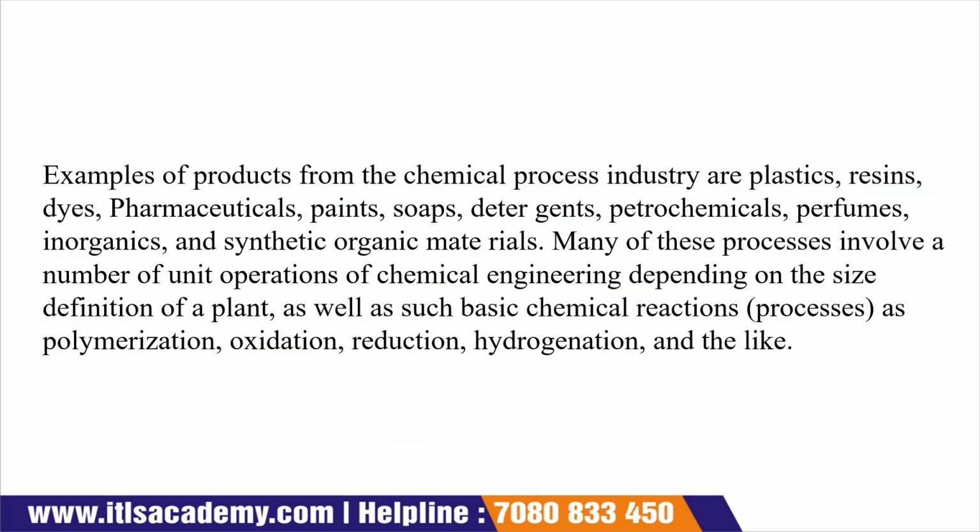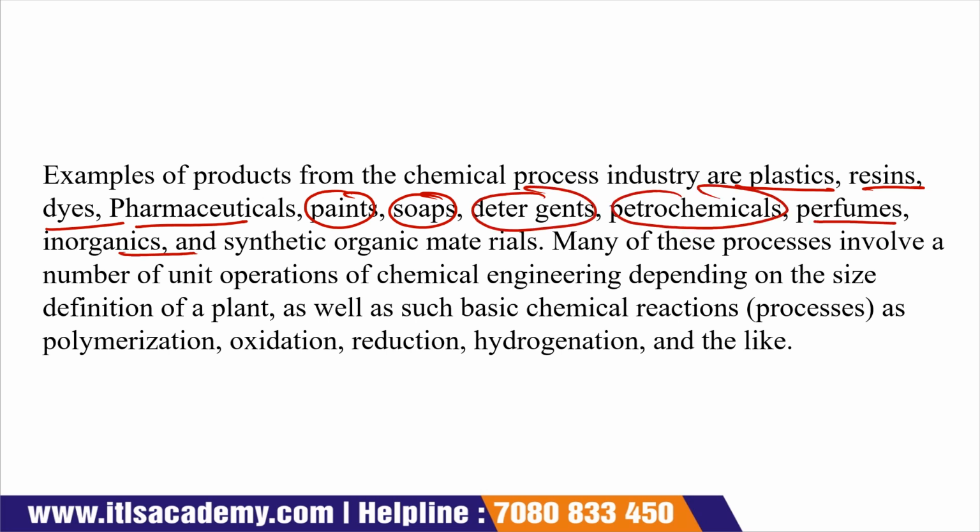Now the next one is, if we talk about some examples of the chemical processes which occur in different industries, like the plastic industry, resins, dyes, pharmaceuticals, paint, soap, detergent, petrochemicals, perfumes, inorganic and synthetic organic materials.